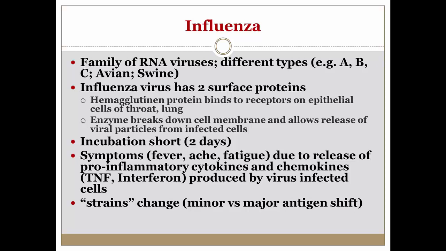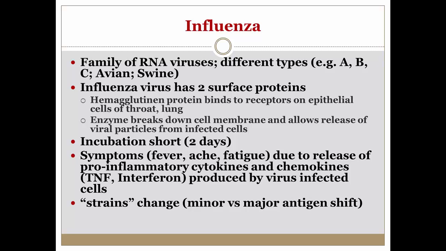Now, the influenza virus actually has 2 surface proteins. It has a hemagglutinin protein that binds to receptors on epithelial cells of the throat and the lung.